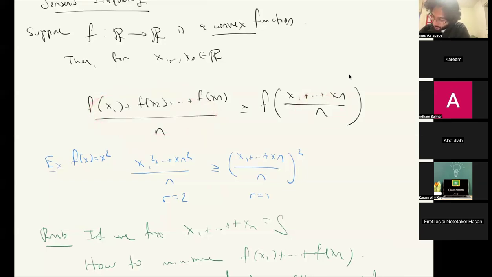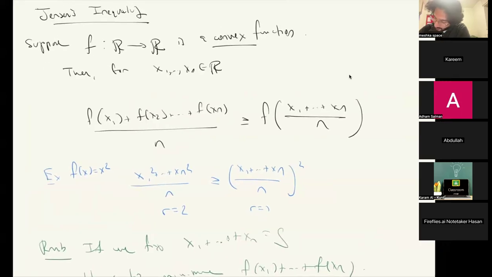So if I have weights that are non-negative and sum to 1, then it's still true, where I take the weighted average here, and also the weighted average here as well.